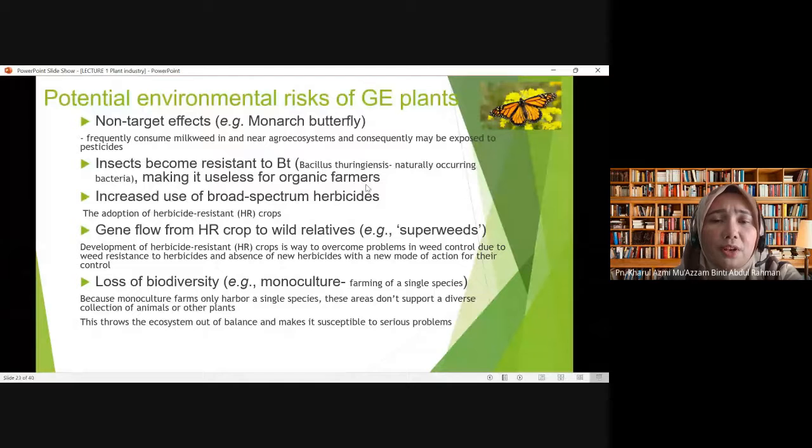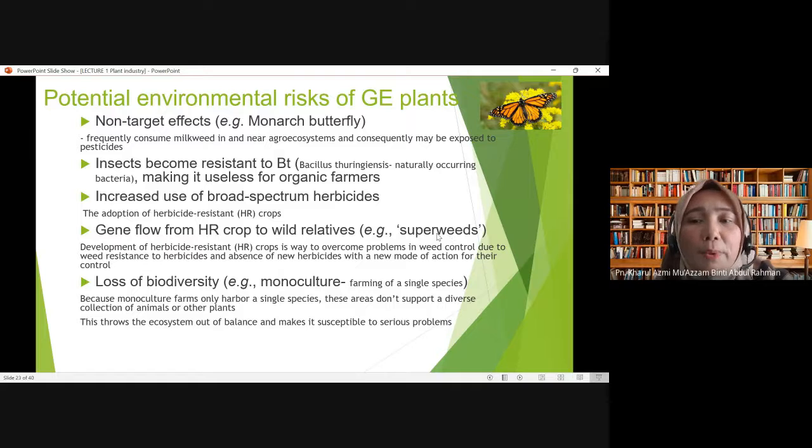Okay, gene flow from HR crop, herbicide resistant crop, to wild relative. This can form the super weed. Maksudnya gene tadi yang hebat yang kita biarkan ke dalam crop kita boleh juga pergi kepada weeds tu tadi, dia akan transfer. So weed tu akan jadi lebih dominant dan herbicide resistant, HR.